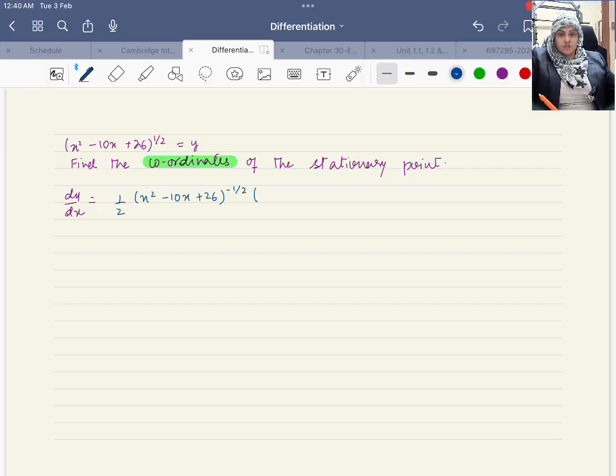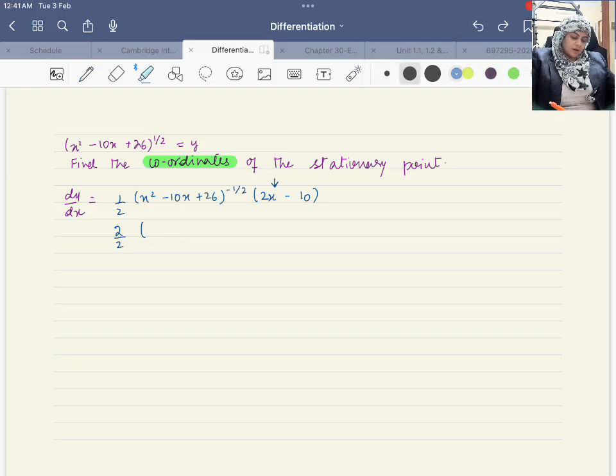Now we differentiate the expression inside. 2x minus 10. This is dy by dx. Now what do I do? I take out 2 common from this one. So this becomes 2 upon 2 into x square. I will take this entire expression in the denominator for a reason.